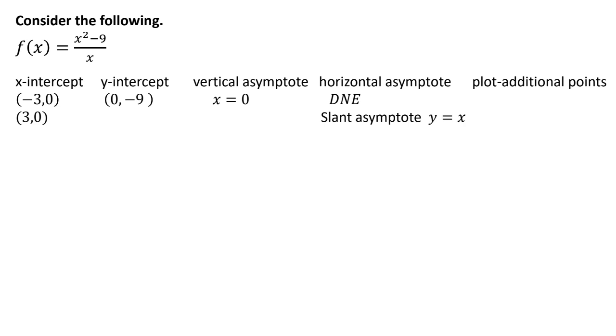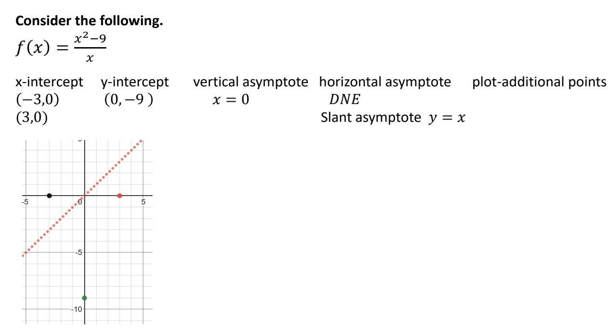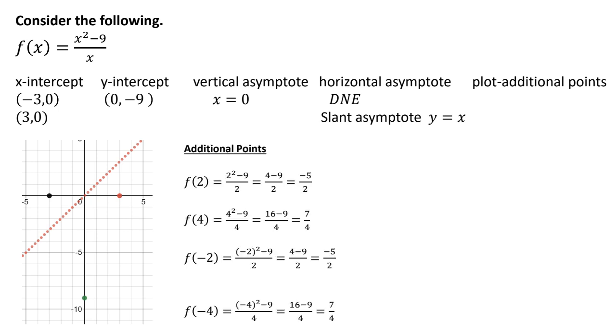Let's go ahead and get some additional plots. This is my slant line. This is my x-intercept, y-intercept. I think this is incorrect, the y-intercept. Let's get some additional points. Again, I'm choosing 2, 4, -2, and -4.